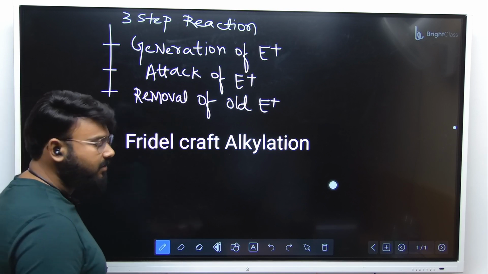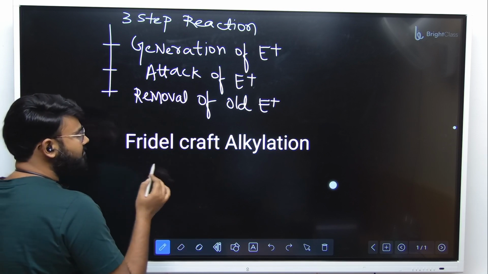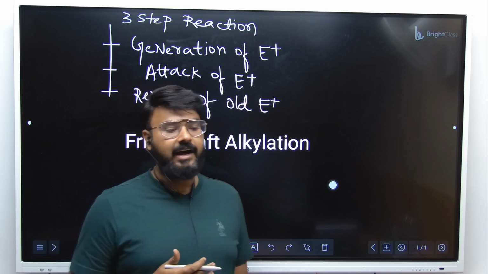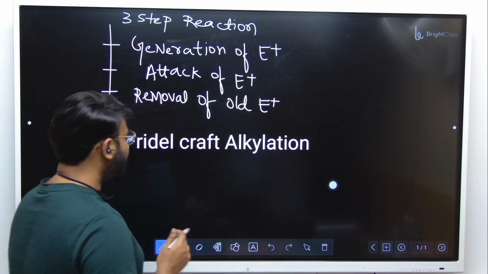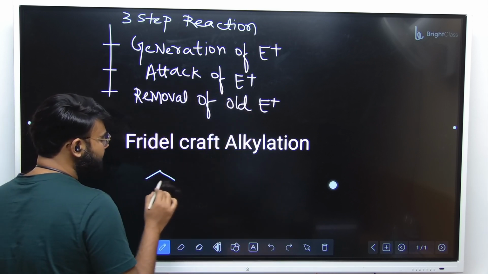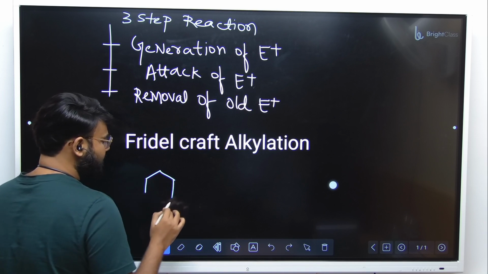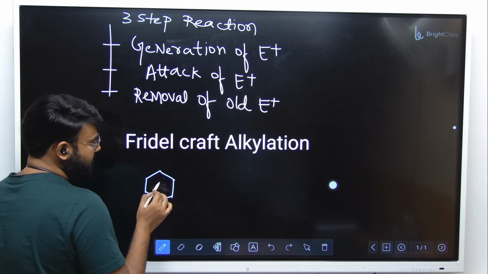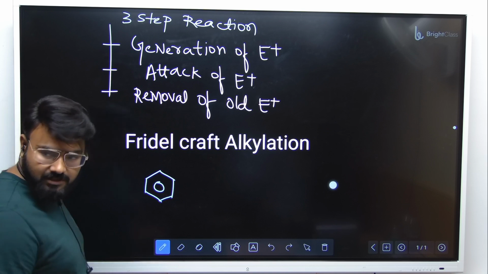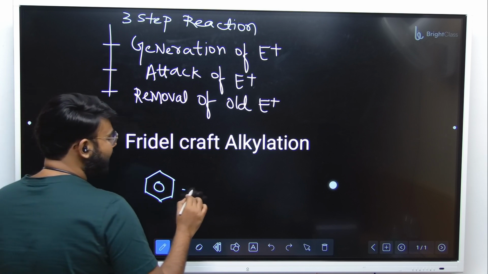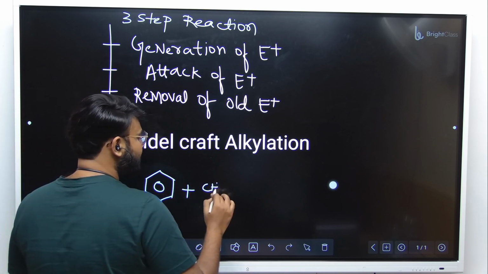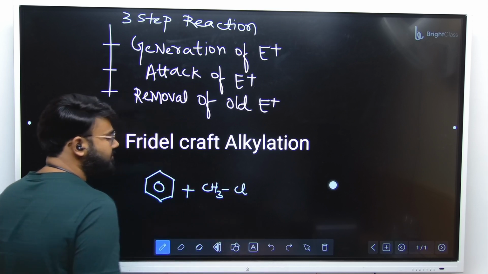Everyone has written, right? So guys, Friedel-Crafts alkylation means you are adding an alkyl halide. So what we will do, we'll take the benzene ring. All of you see this, and we will add CH3Cl, RX, alkyl halide.